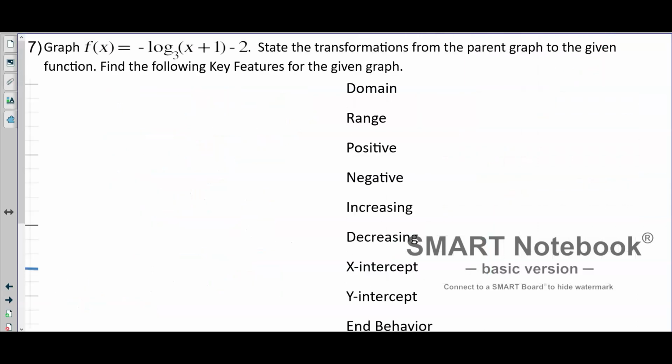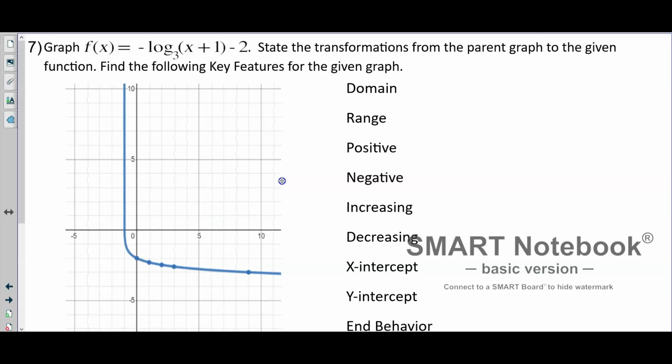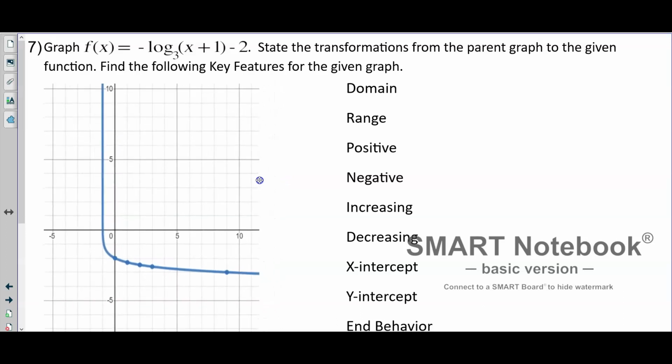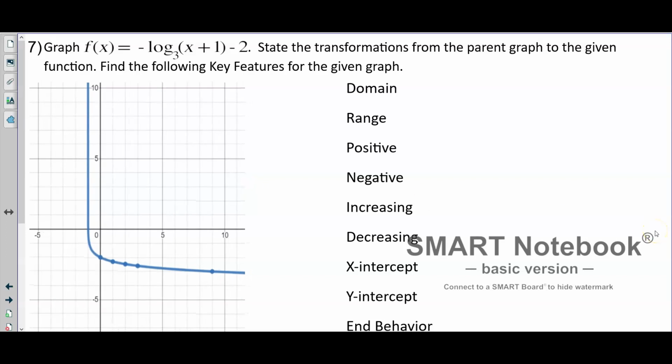Okay, and then on the final example, it's asking us to graph negative log base 3 of x plus 1 minus 2. So you go into your Desmos and you type that in. For time's sake, I've already done that, so I'm just going to pull up the graph. And then what it wants to know is the transformations and the parent function. So we'll just start with the parent function, which would be y equals log base 3 of x.